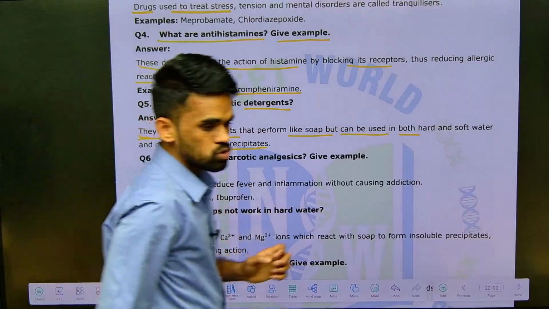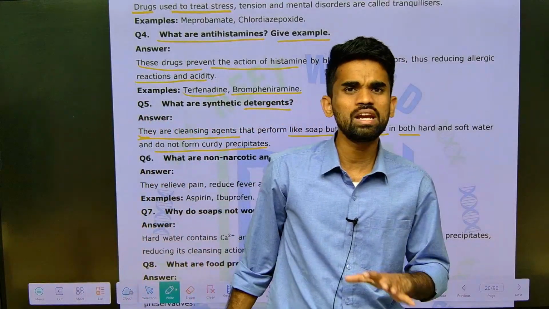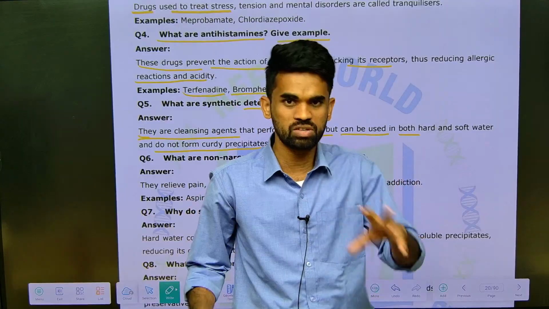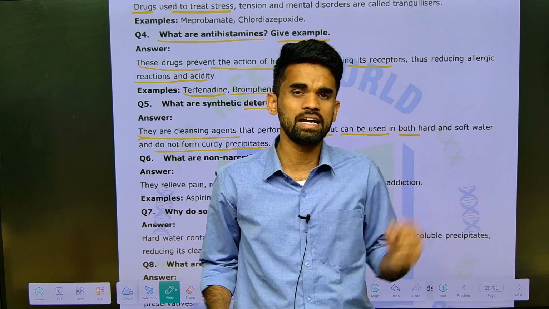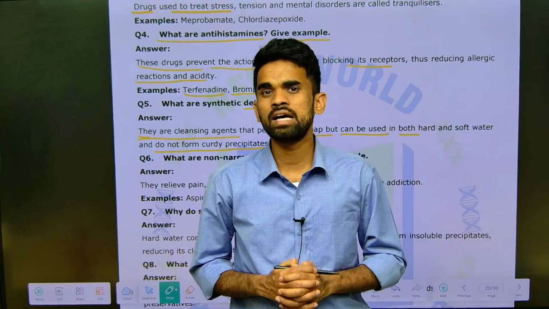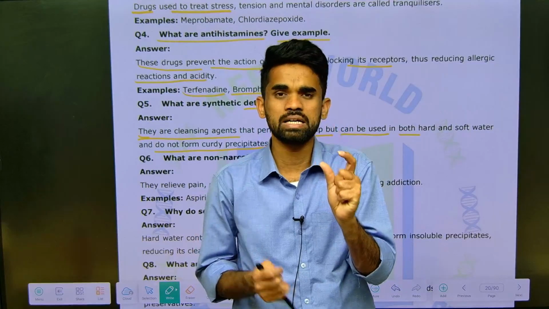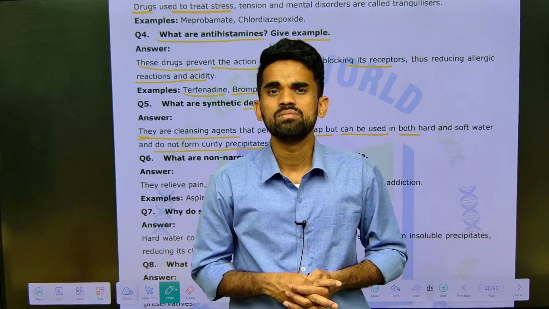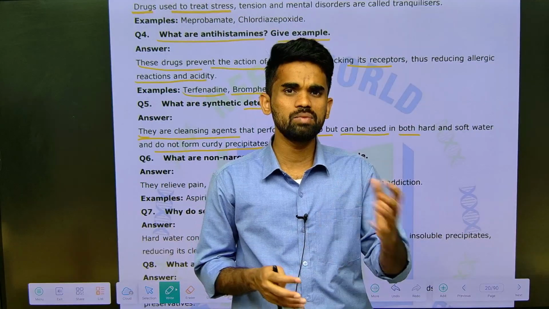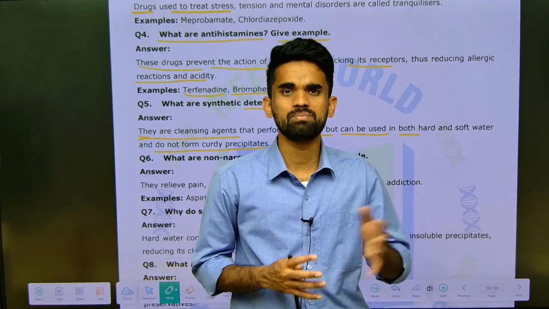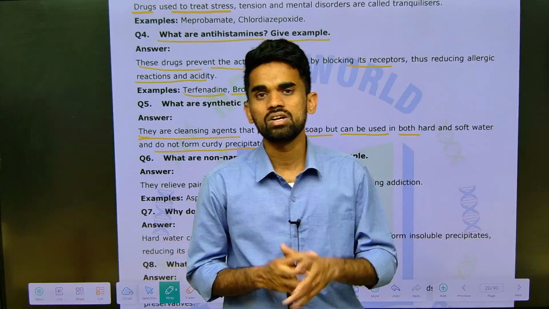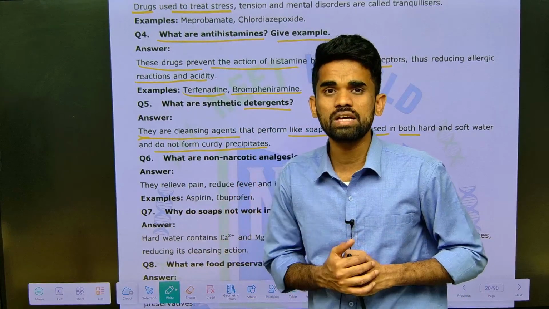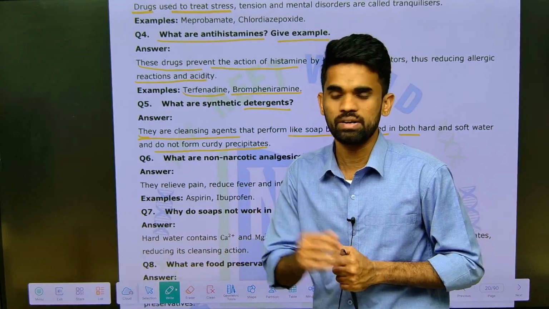We know soap is not suitable with hard water, because it gives a precipitate. Due to the presence of magnesium and calcium salts, soap forms magnesium and calcium precipitates. So in this case, how can we clean when using hard water?